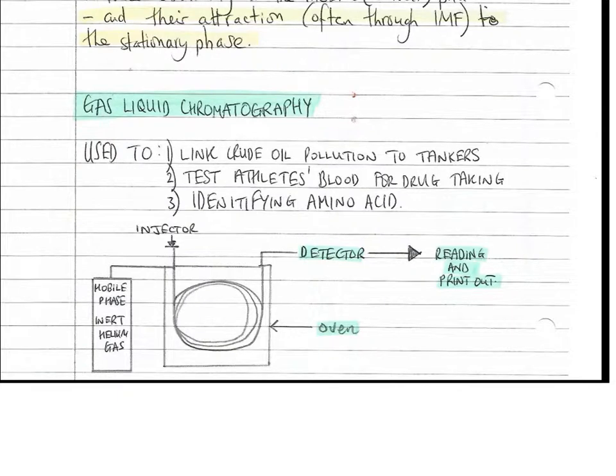It would be useless using, for example, oxygen, because it could react with the samples we are testing. We inject the sample in here. There's a capillary column which is lined with brick and also oil. Then there is a detector which picks up the different samples as the chemicals come out, and then there's a reading printout.